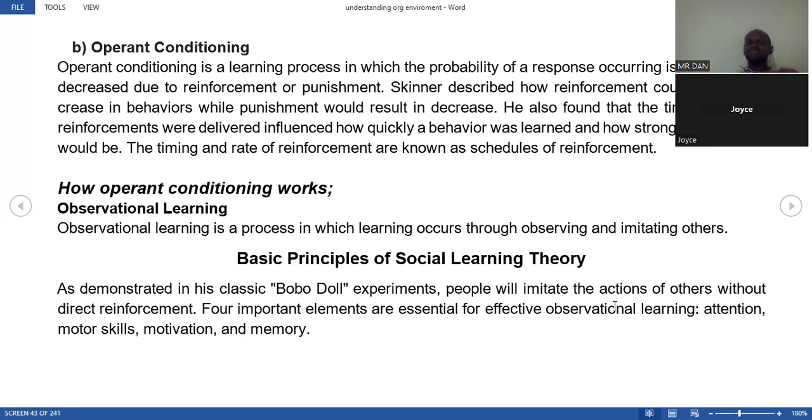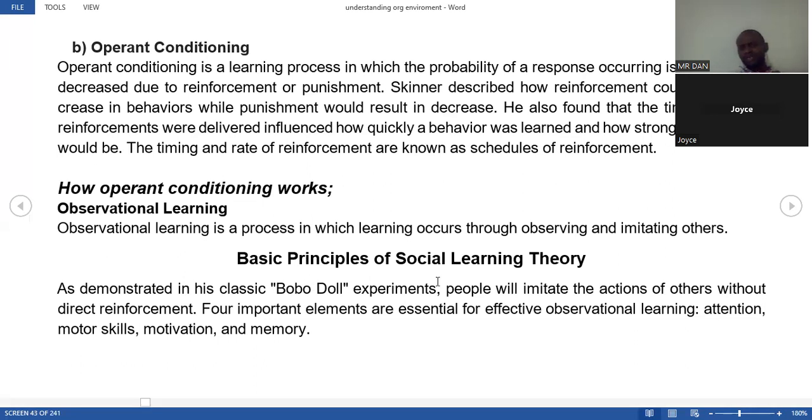So if you feel that you are going to be punished because of a certain occurrence, then human beings tend to behave in a certain way. But if you feel that nothing is going to happen to you, they also tend to behave in a certain way. Skinner described how reinforcement could lead to an increase in behavior, while punishment could result in a decrease of behavior. So basically, behavior depends on punishment or reinforcement.